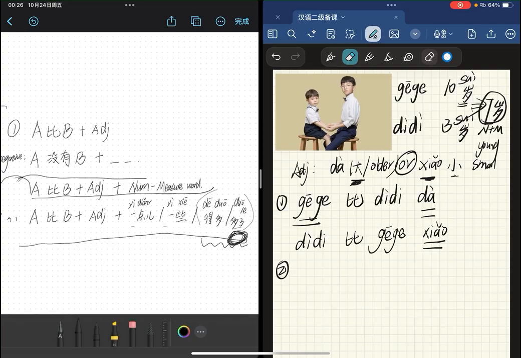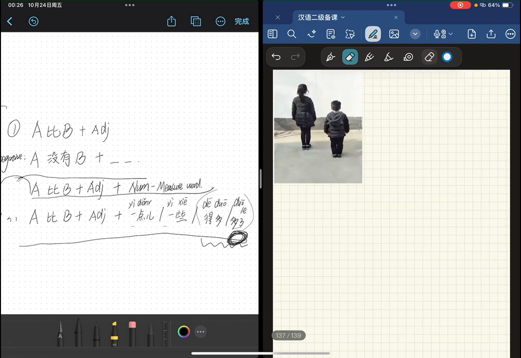And besides that, let's compare something else. Next, let's compare the height. Look at this picture.